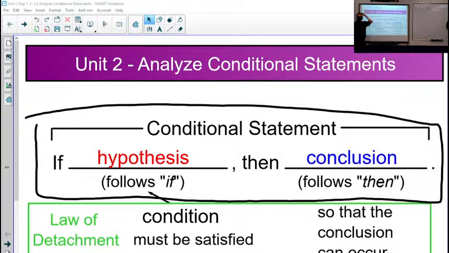And the type of statements that we're going to focus on is called a conditional statement. That's the first new word. And you might want to write down that a conditional statement is also, I tend to call it an if-then statement.